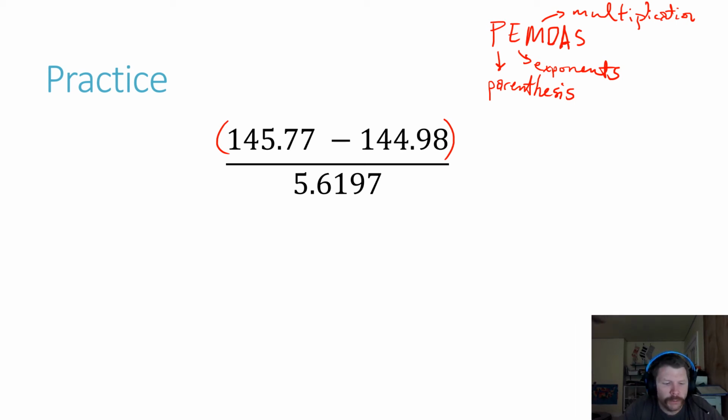So I'm going to do 145.77 minus 144.98. Plug that into the calculator. That gives me an answer of 0.79. Okay, now is that answer a problem or is that right? Remember, when you're doing addition or subtraction, you care about the number of decimal places.